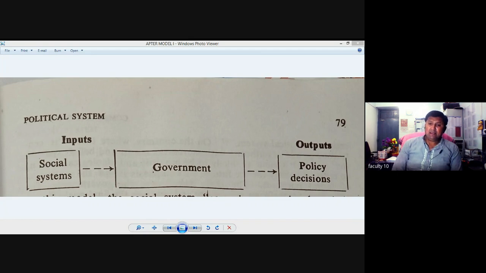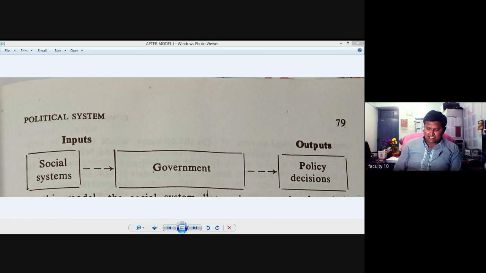So basically, the political system in a democratic structure makes effective policies, and the ultimate goal of that policy is to reduce the causes of tension, right?